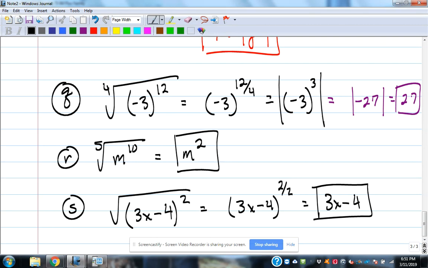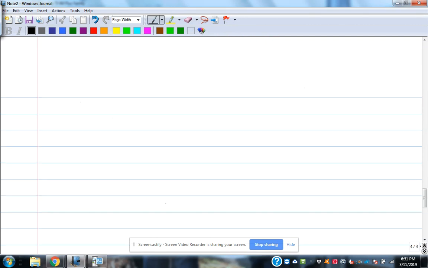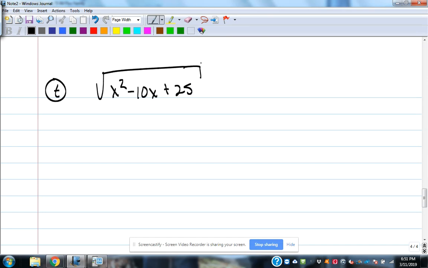Where it gets looking crazy is when they do this. The square root of x squared minus 10x plus 25. And they say, hey, simplify that thing. And you're like, no, I can't do that. It's got addition and subtraction involved. So I can't take the square root of x squared because that's just part of that.